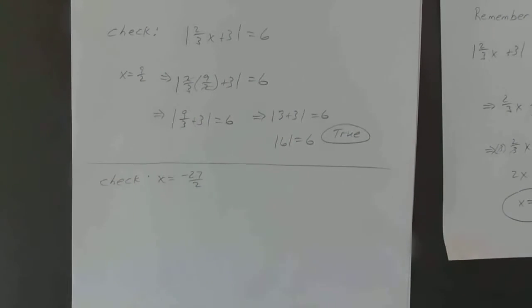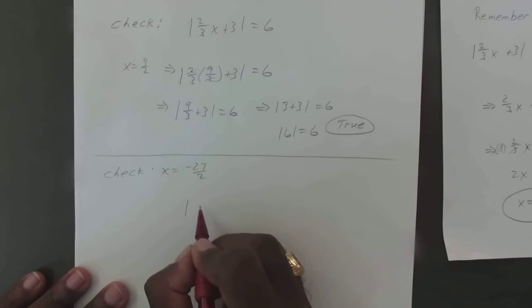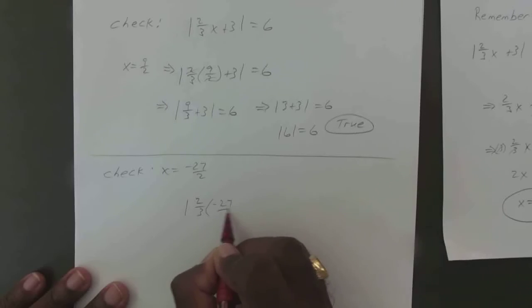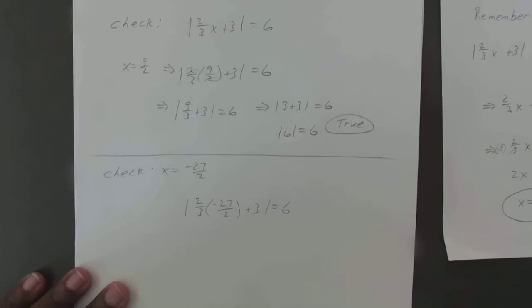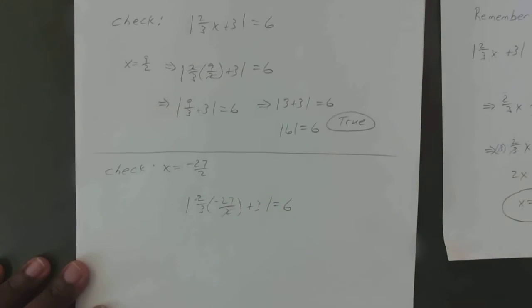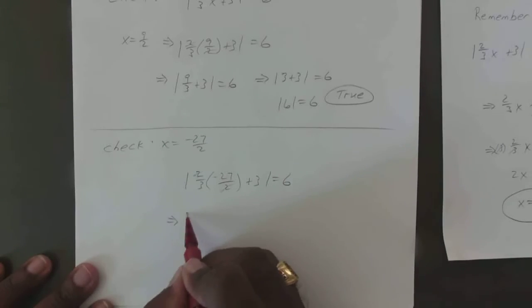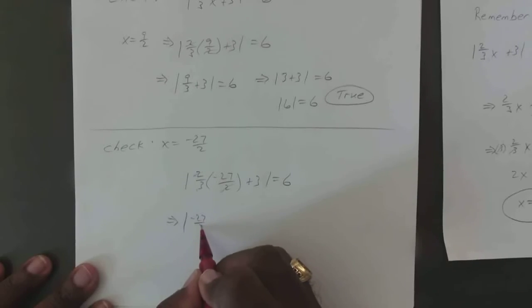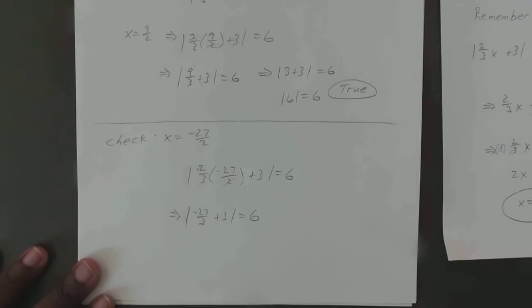And again, we just plug it into our original. So that means you have the absolute value of 2/3 times negative 27 over 2 plus 3 equals 6. Once again, the 2's cancel each other out. So you're left with the absolute value of negative 27 over 3 plus 3 equals 6.